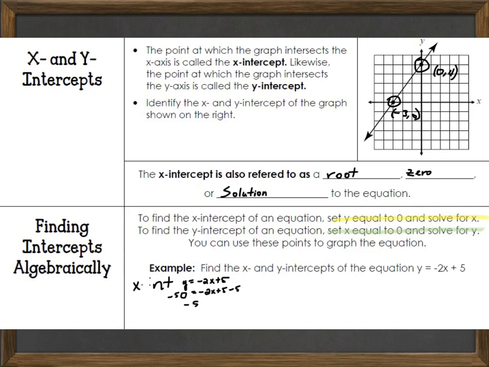So you have negative 5 is equal to negative 2x. And then divide by negative 2. So x is equal to 5 over 2. Okay, and as a point, that's 5 over 2, 0, because the y is always 0 where it crosses the x-axis.